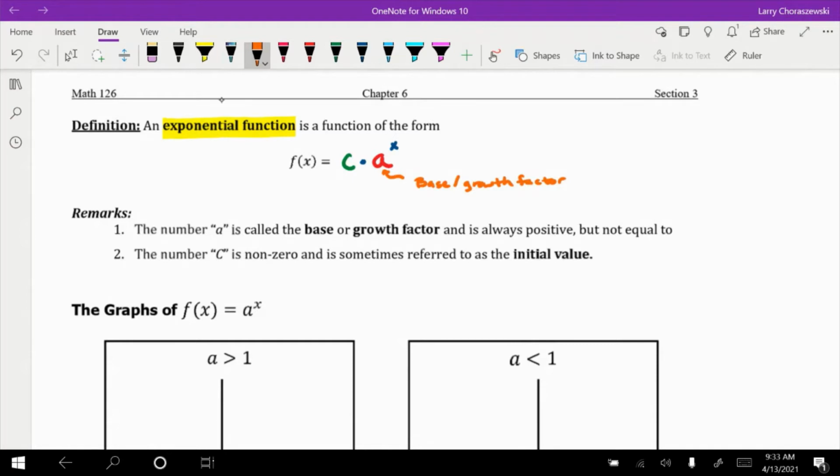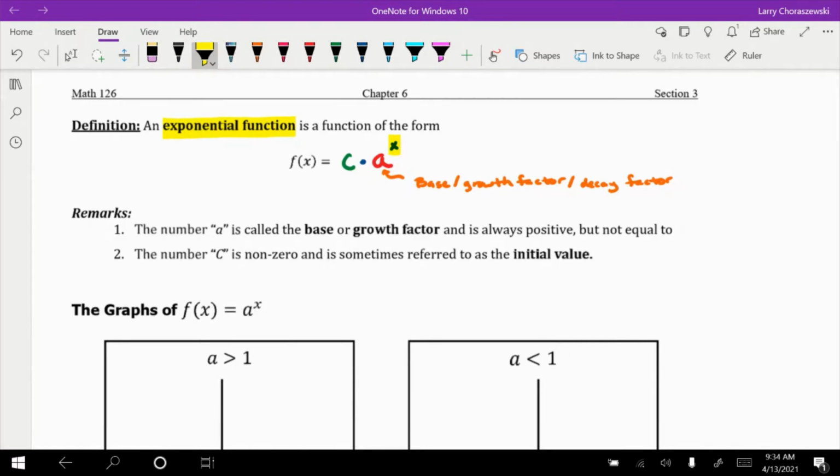I didn't include it in the remarks, but in certain cases, it's also referred to as the decay factor. Basically, the base is the number that we multiply each of the y values by to generate the next ones. And obviously, we have a variable in the exponent of a, and an exponential expression of this form, where it's a number raised to a variable expression, is what makes it an exponential function.